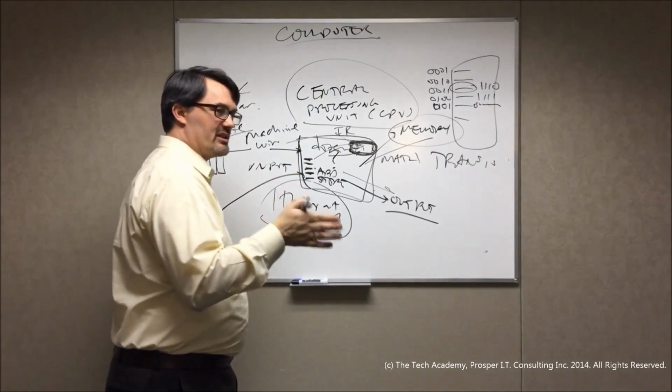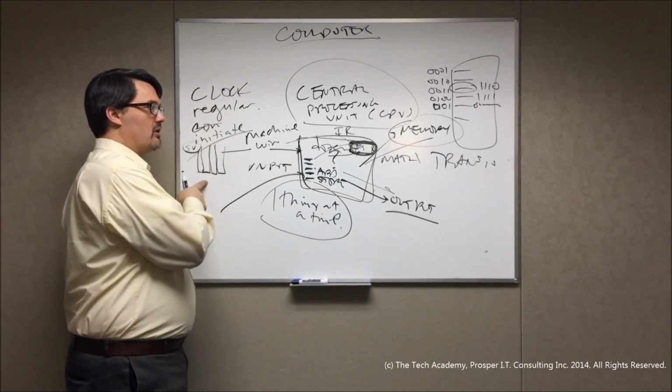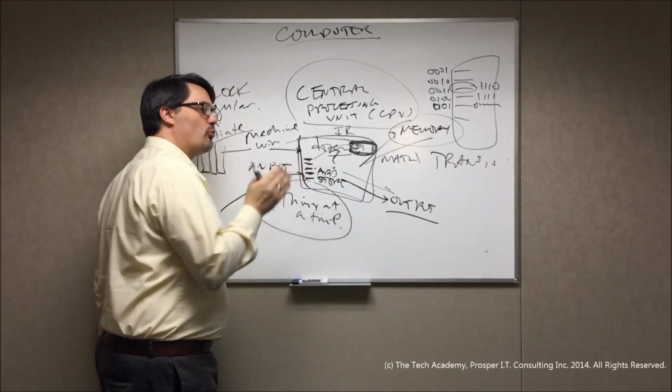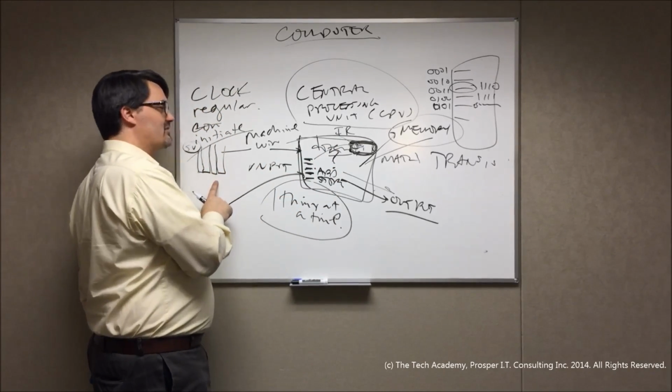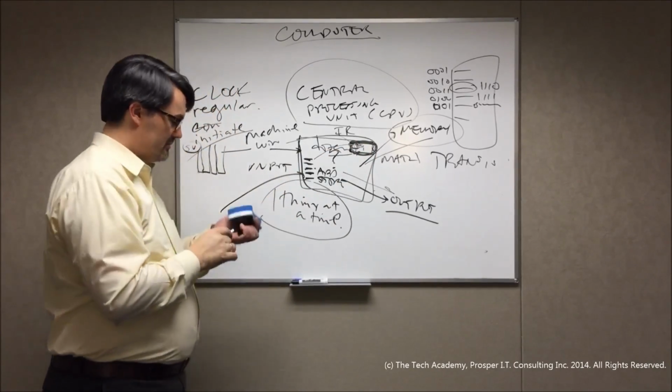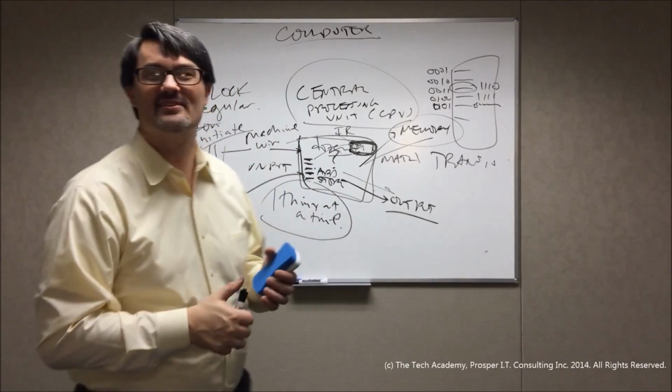It's actually really simple. At regular intervals determined by a clock, it sees what its next instruction is, it executes that instruction, and then it waits for that signal again. The moment that signal comes in again, it goes to the next instruction. Where do those instructions come from? You, programmers.